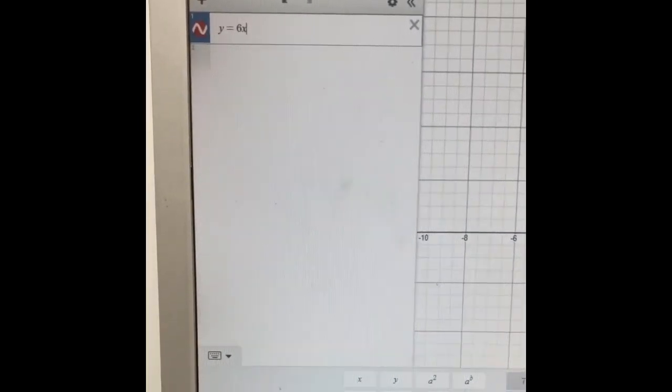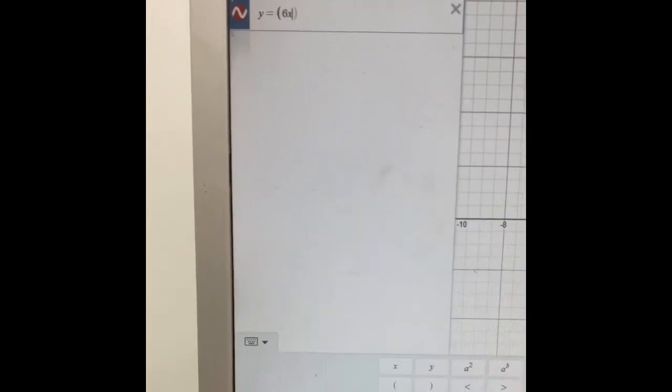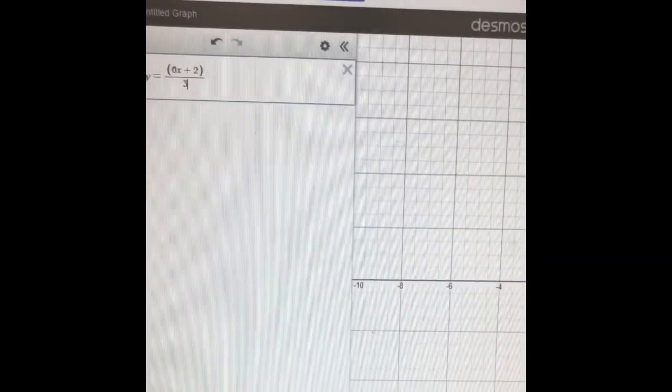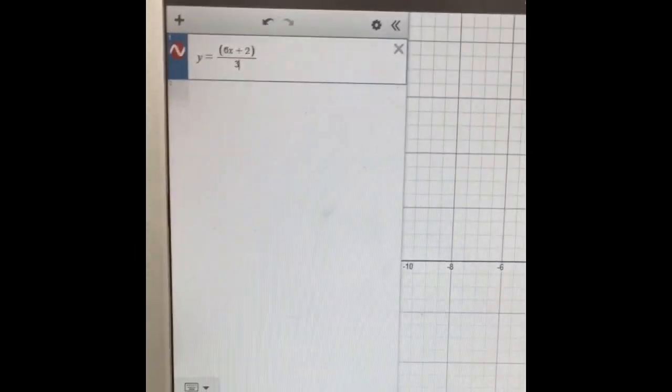That's not what I want. So to keep the whole 6x plus 2 on top, I'm going to put it in parentheses, and then divide by 3. So now I have 6x plus 2 divided by 3 all on top of my equation.